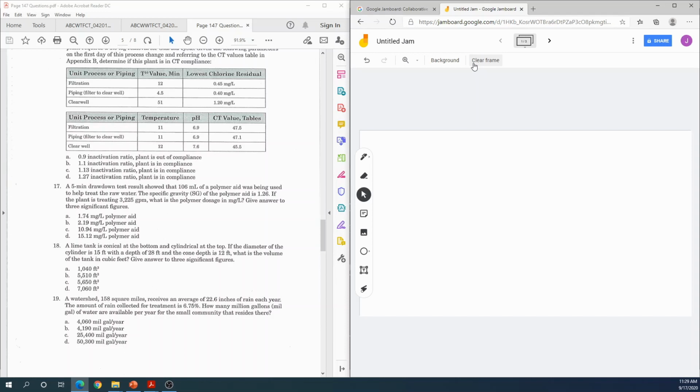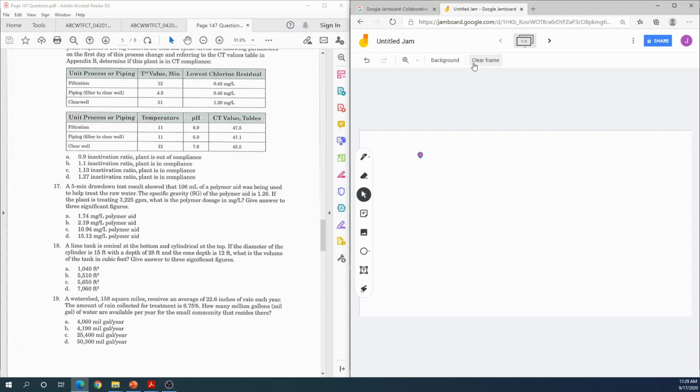If the diameter of the cylinder is 15 feet with a depth of 28 feet and the cone depth is 12 feet, what is the volume of the tank in cubic feet? Give answer to 3 significant figures. Okay, so what we know here is we've got a tank that is conical at the bottom and cylindrical at the top.